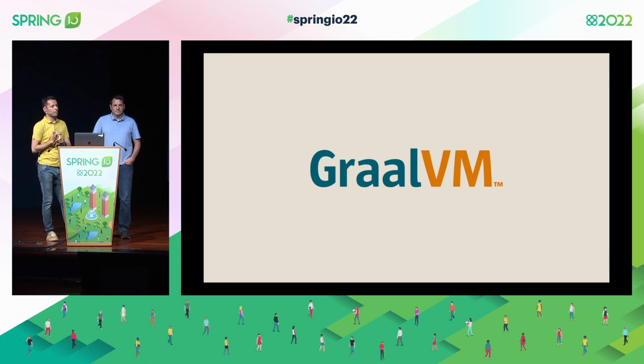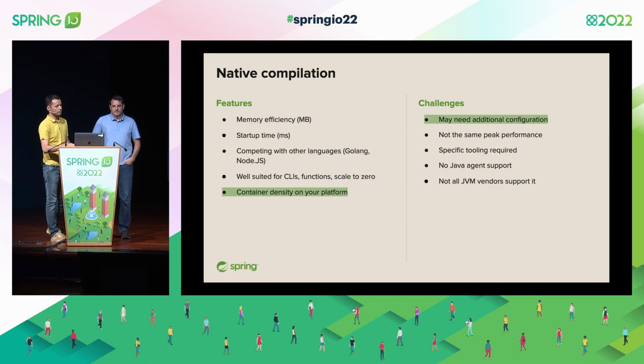It's also supporting many languages running on the JVM, and even languages talking to each other and so on. So there are many features in the GraalVM space, but today we're really focusing on the native compilation and how that will relate to Spring Boot 3 and Spring Framework 6.